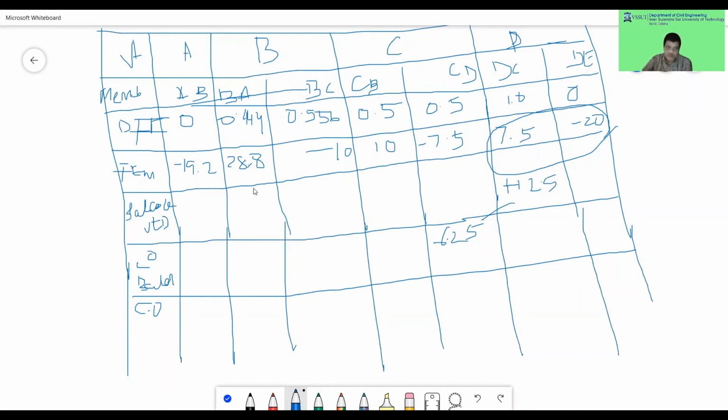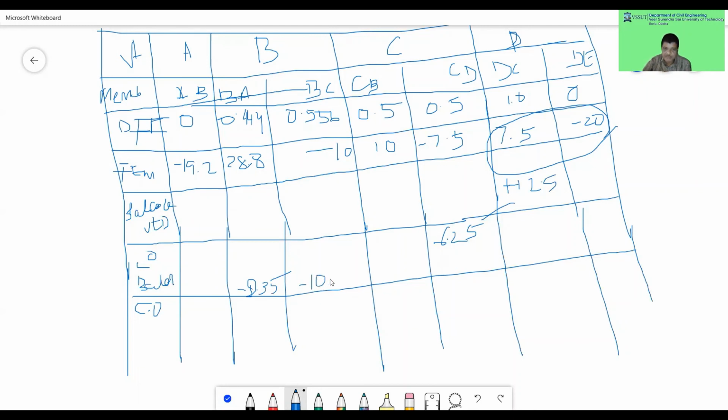Then 0.44 will come here and 0.556 will come here, so the values will be minus 8.35 here, minus 8.35 will come here, and here it will come minus 10.45.